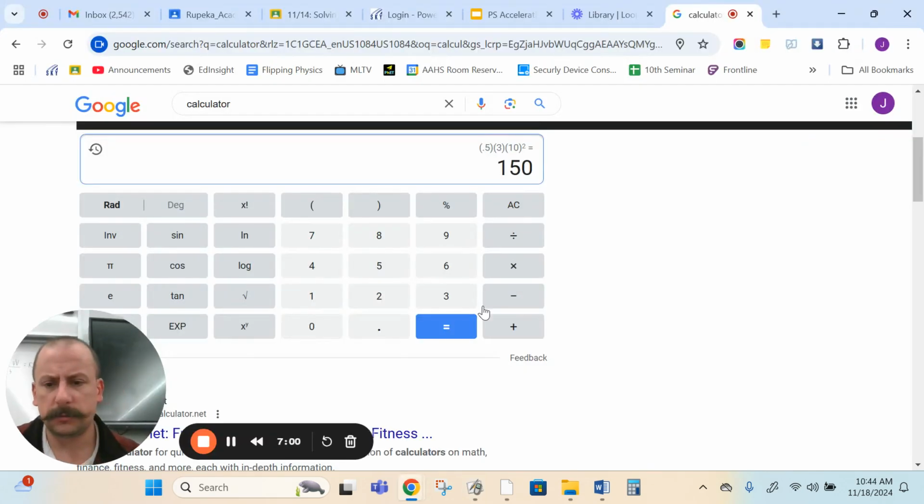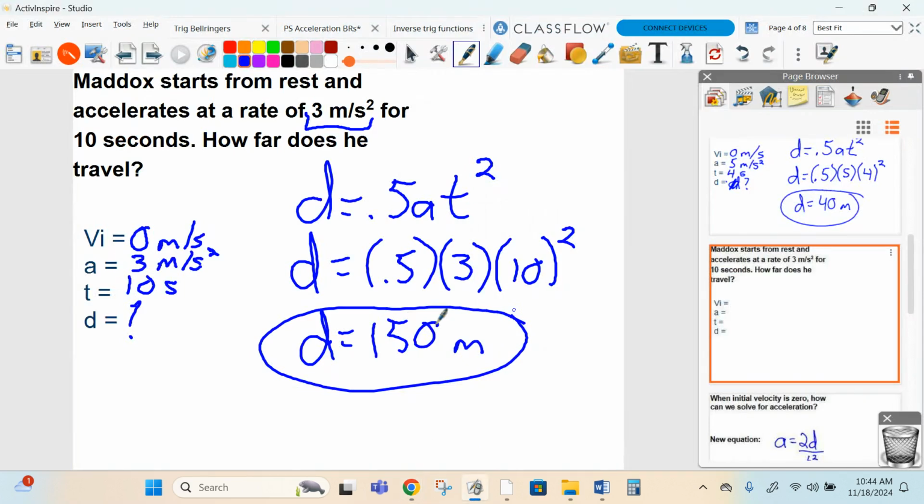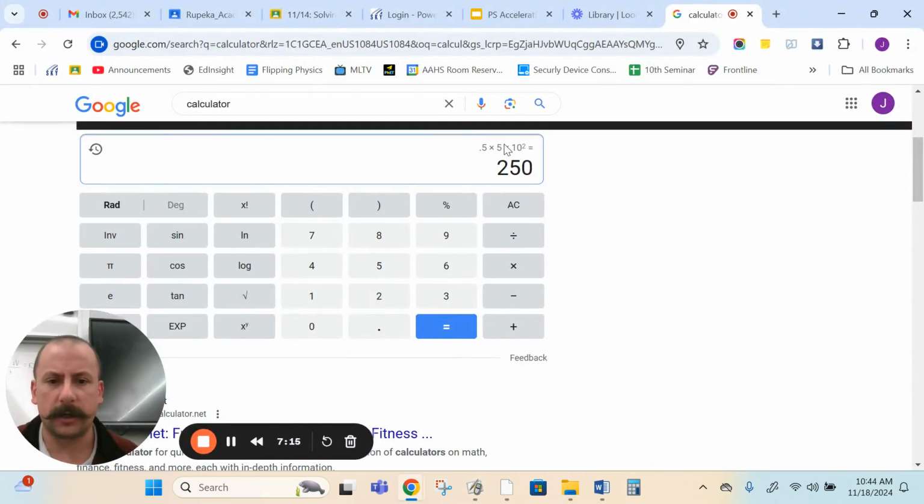Now again, I'll do this without the parentheses, but multiplication: 0.5 times 5 times 10 to the squared power. Oops, I guess it'd help if I use the right numbers. 0.5 times 3, not 5, times 10 squared.